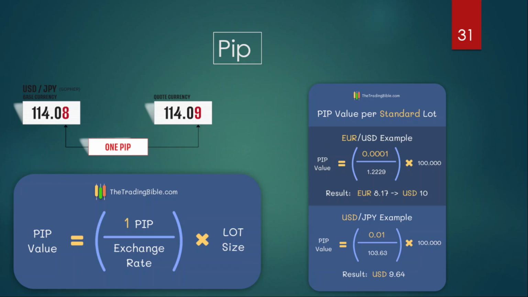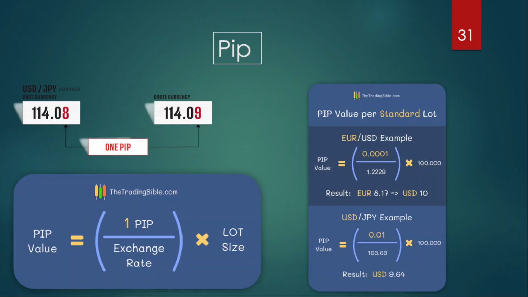In this case, for USD JPY, for the market to move one pip, it would cost you $9.64. For the market to move in your favor by one pip, you will be making $9.64 US dollars. For Euro USD, you will be making $10. That's how different they are.